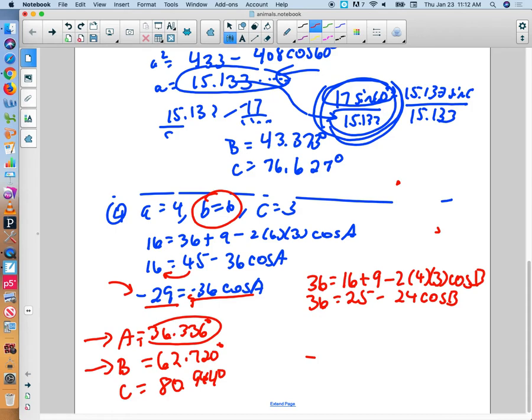Do you see how tempting that is? So I'm going to subtract 25. Is that 11? So I get 11 equals negative 24 cosine B.